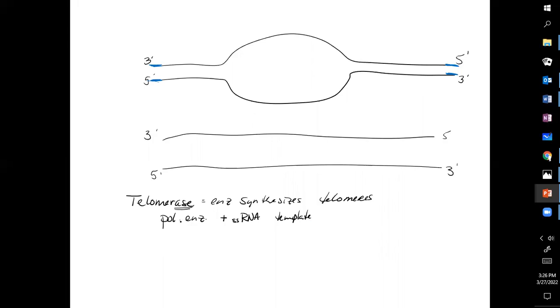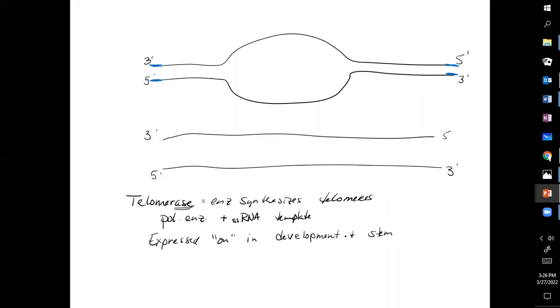But genes are not always expressed all the time, and so telomerase is not always present in cells. Telomerase is expressed, or present, or on, or active in early development. So in a developing embryo or fetus, when there's lots of cell division going on, and in stem cells.